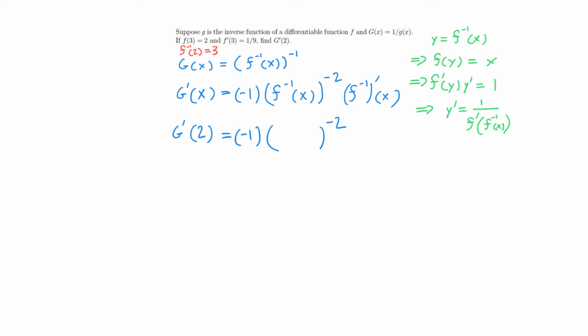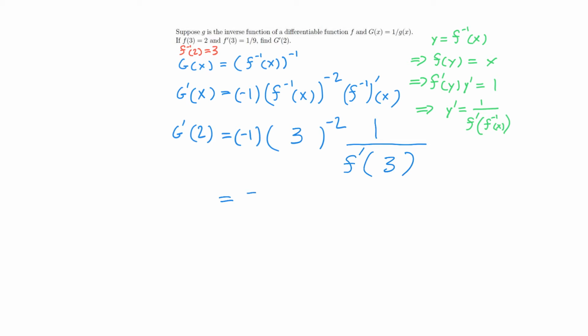So in this bracket, we can write 3. Now, to deal with the last part, we would have 1 over f's derivative and f inverse evaluated at 2, which we already figured out is 3. So f's derivative at 3. Now, luckily in the question, it told us that that is 1/9. So on our next step, we can plug things in.